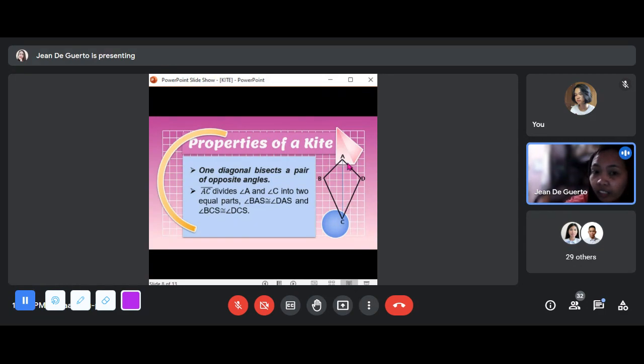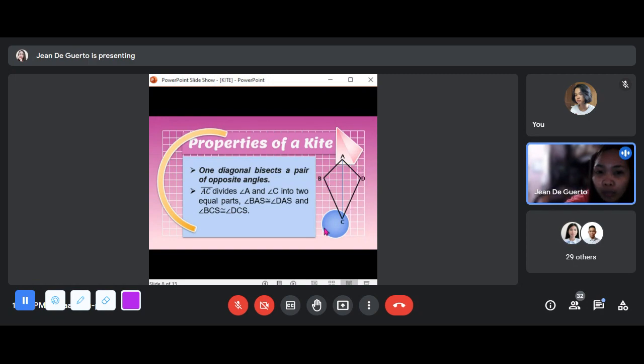Not necessarily are angle A and angle C congruent, but the angles formed by the symmetry line, since it is an angle bisector, are two pairs of congruent angles.